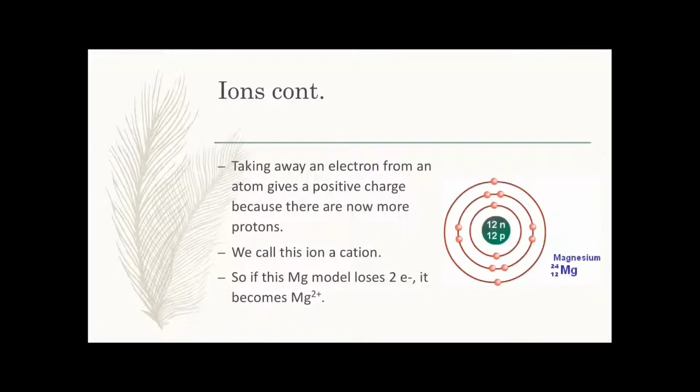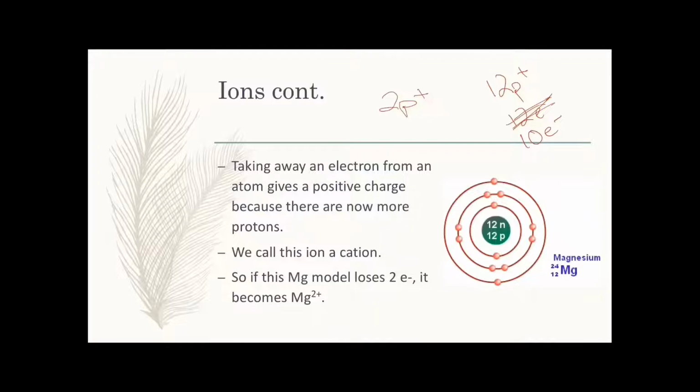If it loses 2 electrons, okay, currently it has 12 protons and 12 electrons because it's a neutral atom. So if it loses 2 electrons, that means now it's got 10 electrons. Well, 10 of these electrons will cancel out 10 of these protons. So we still have two protons that are giving it a +2 positive charge.